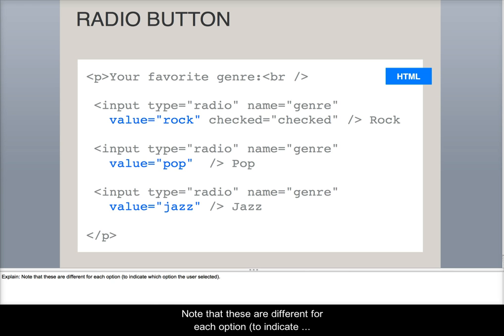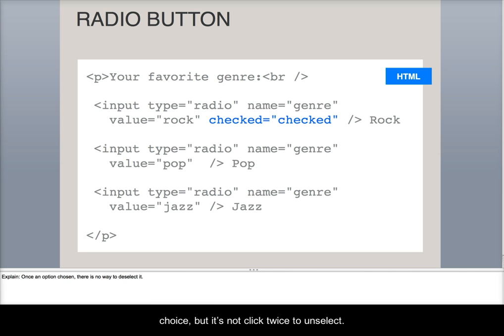Note that these are different for each option to indicate which option the user selected. Once an option is chosen, there's no way to deselect it. You'd have to select another option in order to change your choice, but it's not a click twice to unselect.